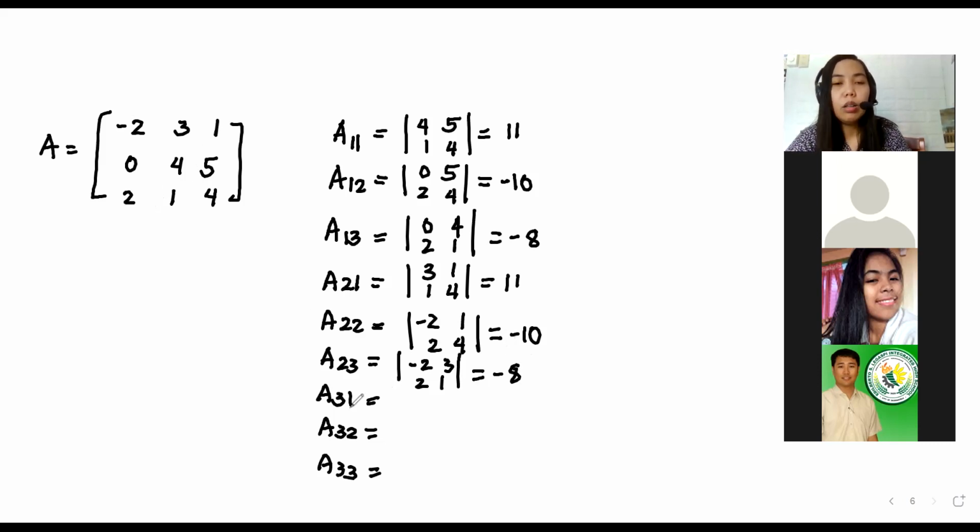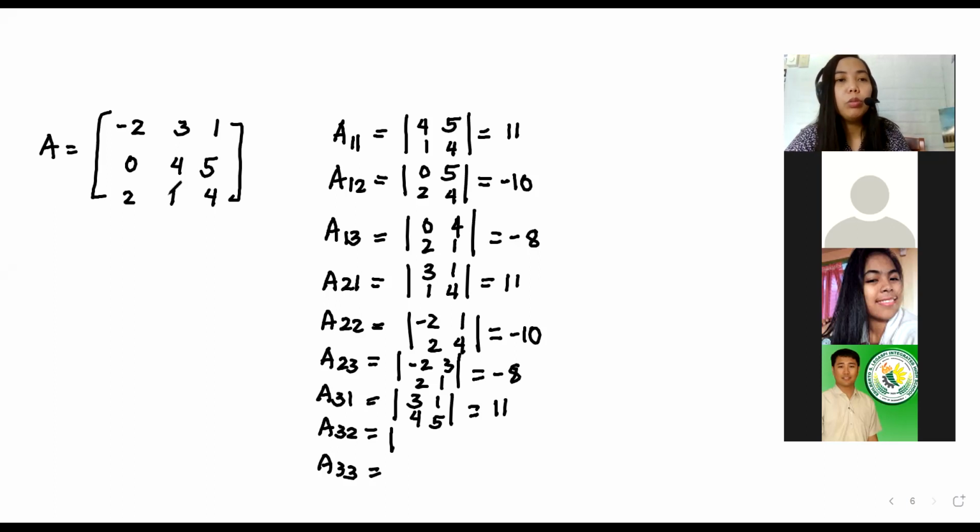Next, row 3, column 1: 3, 1, 4, 5. So 15 minus 4, 11.